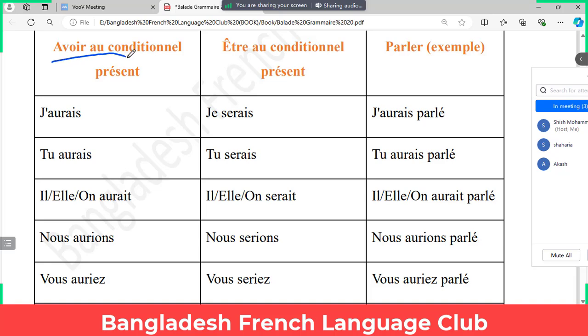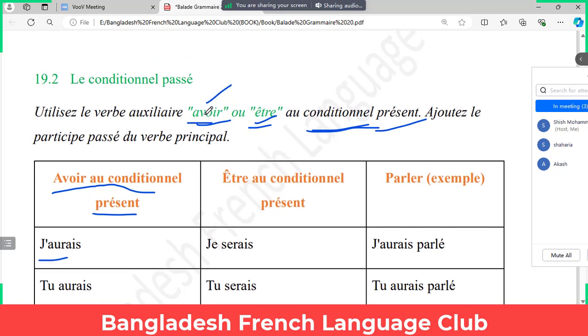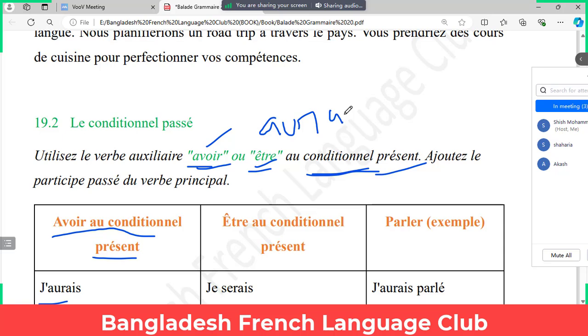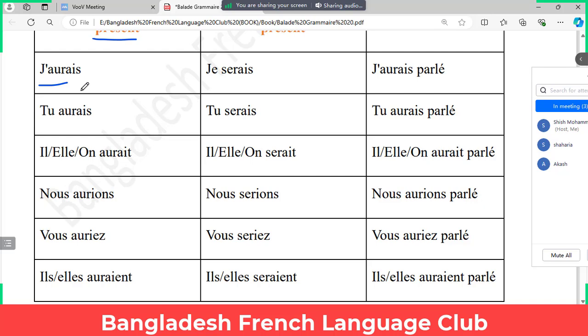Let's see avoir au conditionnel présent: j'aurais, because the root of avoir is AUR, and we add the endings AIS, AIT, IONS. So that is j'aurais.